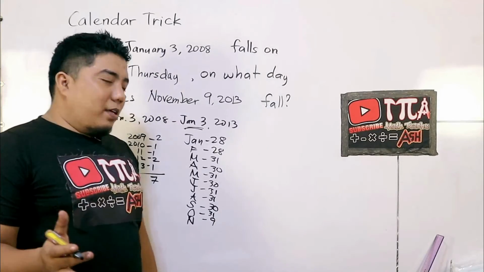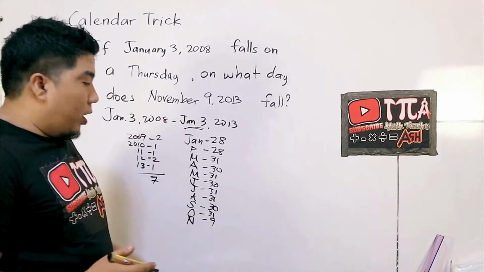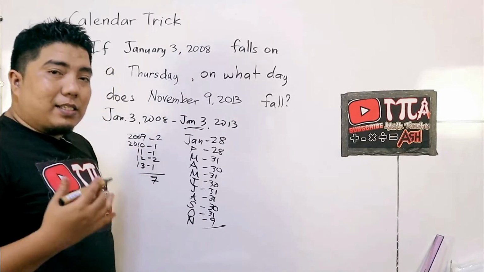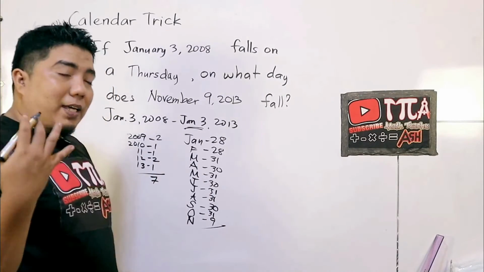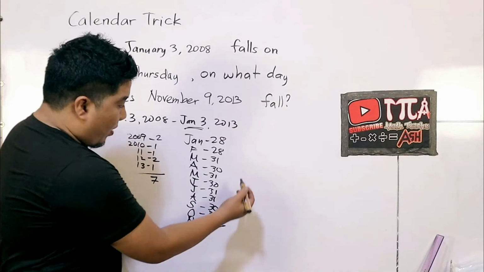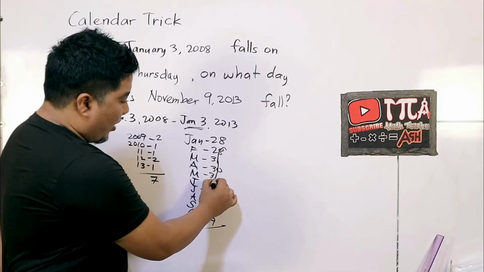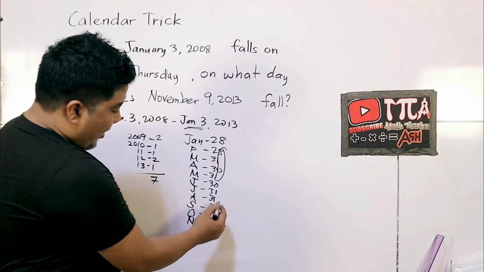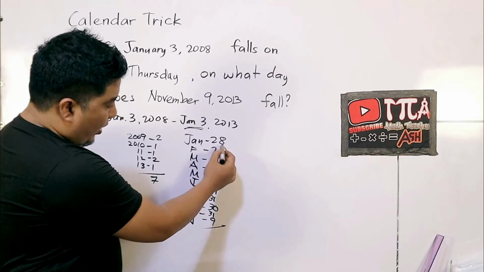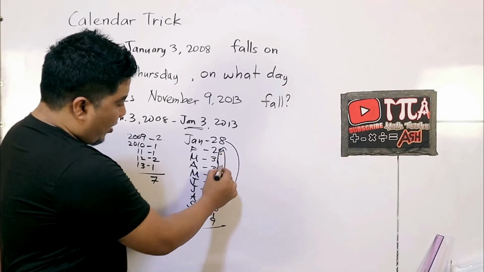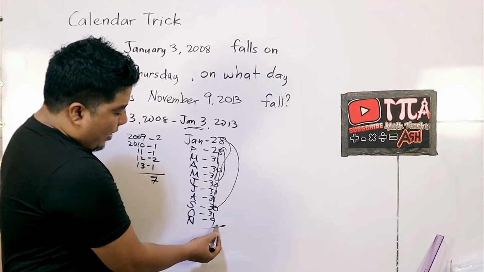So, as you can see, my dear math learners, what we need to do here is we just add these numbers and then divide it by 7. So, we have here, you can use some technique in adding. So, this is already 10 here. Okay? Then, we have 2 more 1s here and then 1 8 here. So, this is another 10 here. Okay? And then, we have 1 and 9. So, another 10.